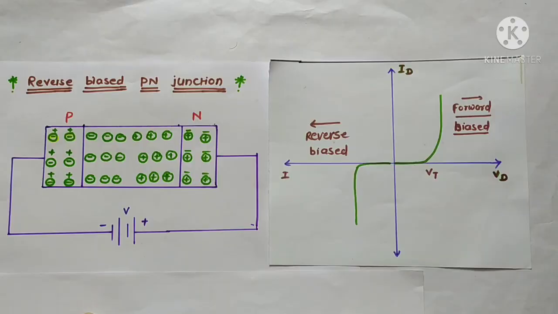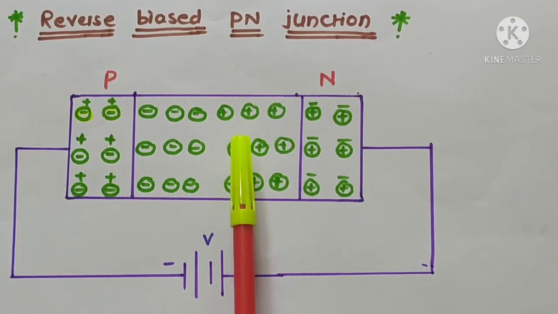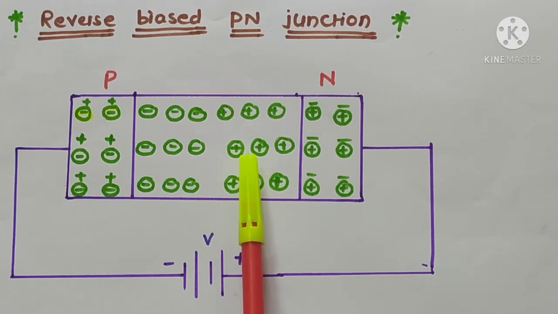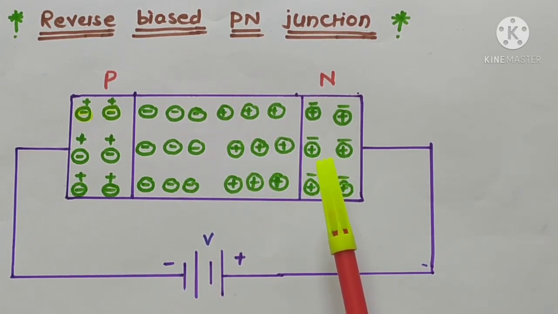Okay students, so this flow of current which exists in the reverse bias condition is known as reverse saturation current, and the term saturation comes from the fact that it reaches the maximum level very quickly and does not change significantly whenever we increase the reverse bias voltage.